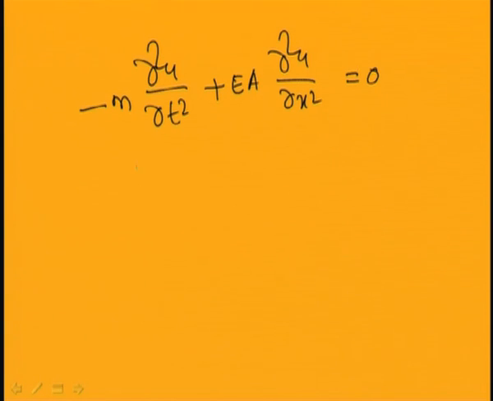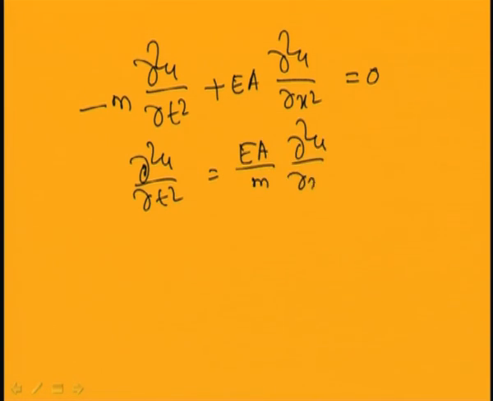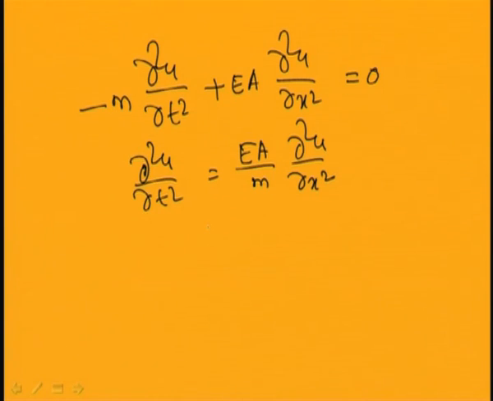We can write this as del square u by del t square equal to E A by m del square u by del x square. So, this m is mass per unit length, so I can write this equal to rho into A, that is density into area.